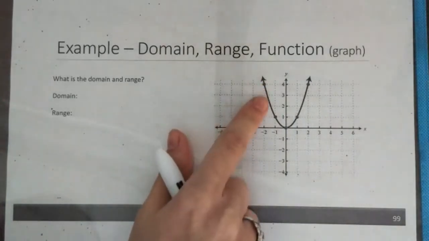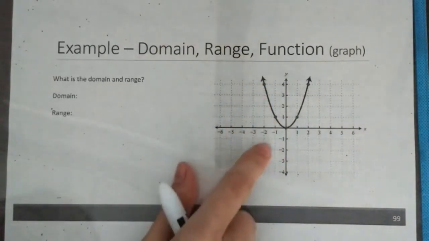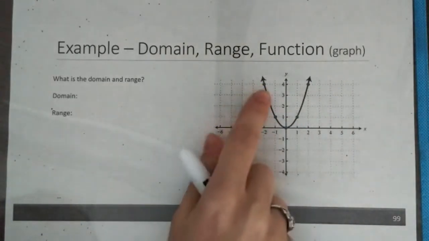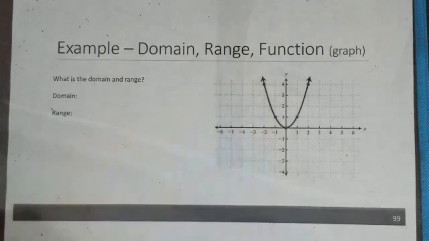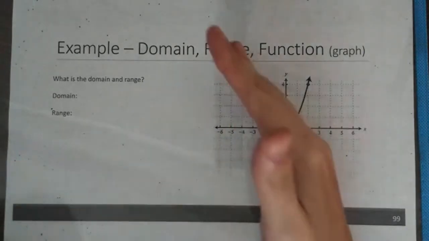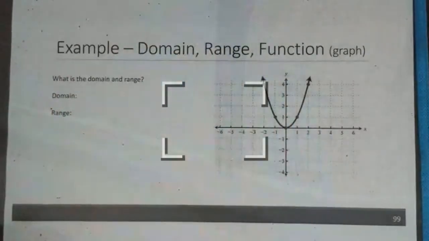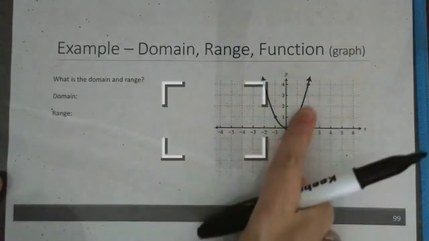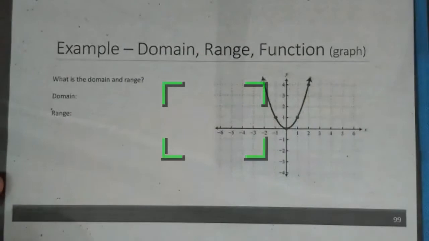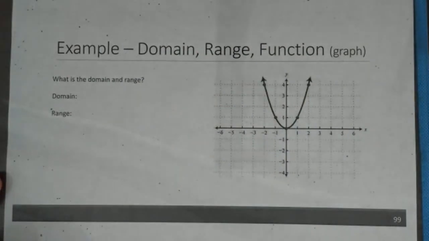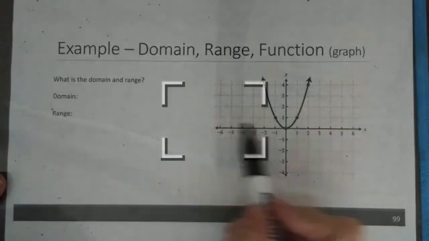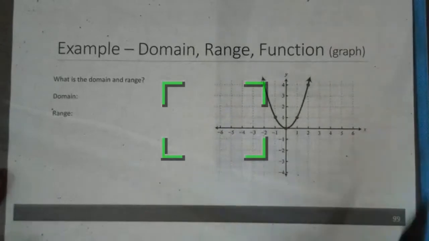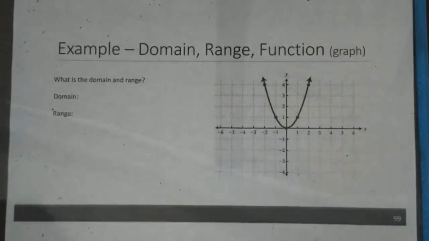Well, we have all of the x values between -2 and +2, but these arrows say we keep going. So we're going to keep going off to the left forever in terms of x values, and we're going to go off to the right forever in terms of x values. So we're going to touch every x value somewhere on the x-axis.